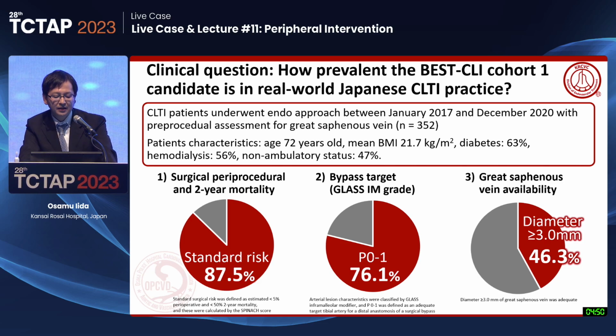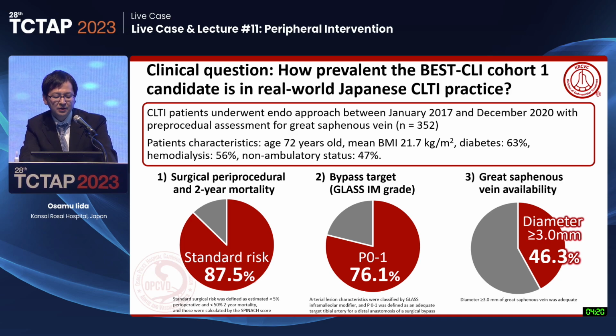Arterial lesion characteristics evaluated by DSA were able to classify the GLASS IM modifier. P0 and P1 were defined as an adequate tibial artery target for anastomosis of the surgical bypass therapy. Based on this, in our study population, 76.1% had a P0 or P1 GLASS IM classification, fitting the distal target of bypass therapy.